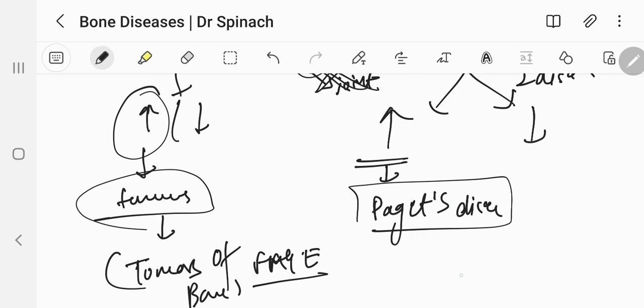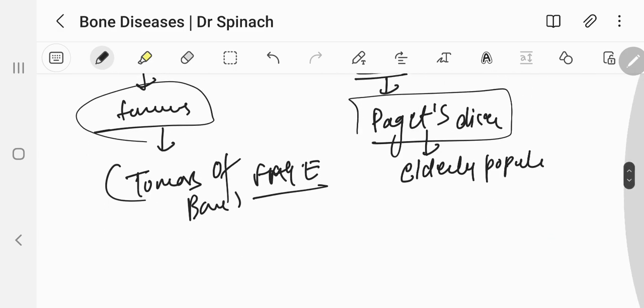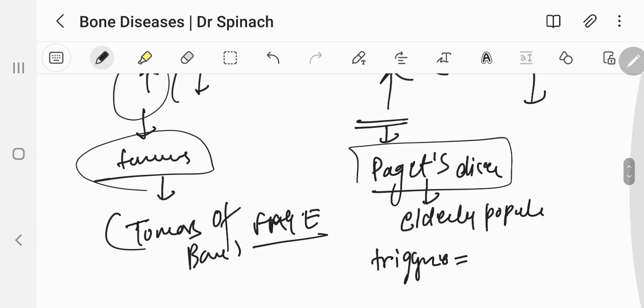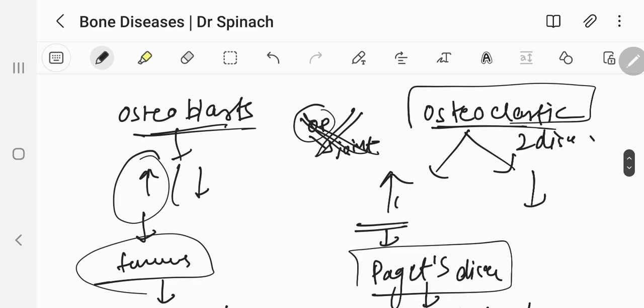Maybe I'll make another separate video for Paget's disease. This is commonly seen in the elderly population. Usually the triggers are unknown, but it could occur after a viral infection or something. There is an increase in osteoclastic activity in these patients, and this leads to basically resorption of the bone.